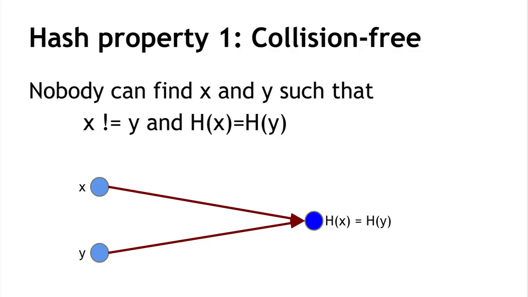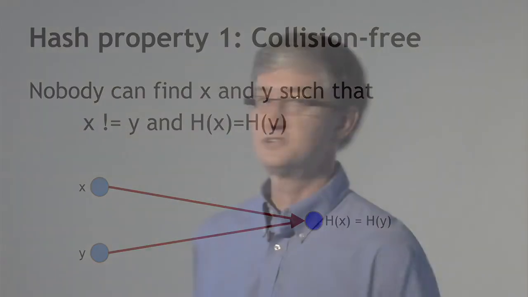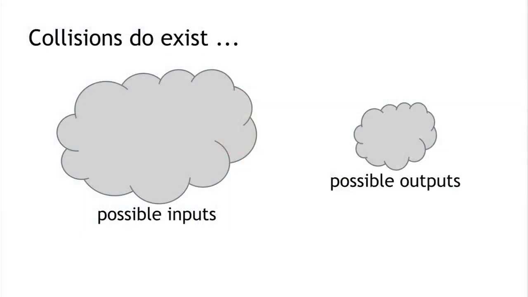Now, one thing to notice is that I said nobody can find. I didn't say that there is no collision. Because if you think about it, there has to be a collision. Collisions do exist, and to understand why, we can use this diagram. Over here on the left, I'm depicting all of the possible inputs to this function, which can be a string of any size. And over here, I have all of the possible outputs, which has to be a string of 256 bits in size.